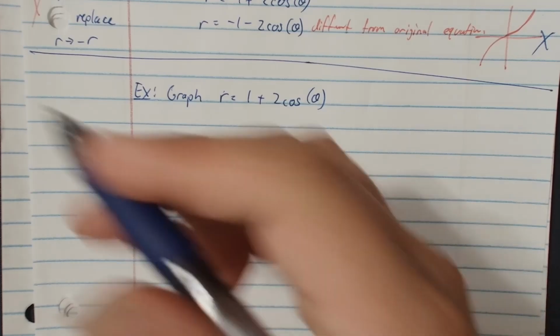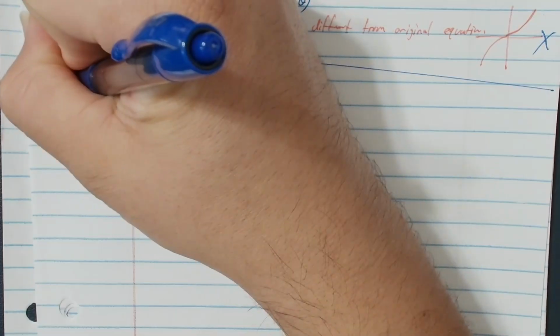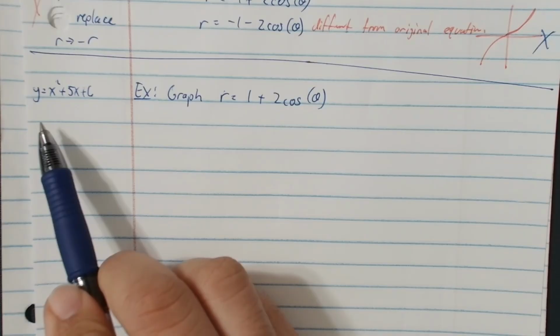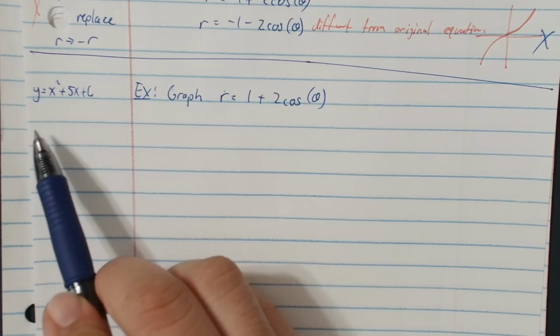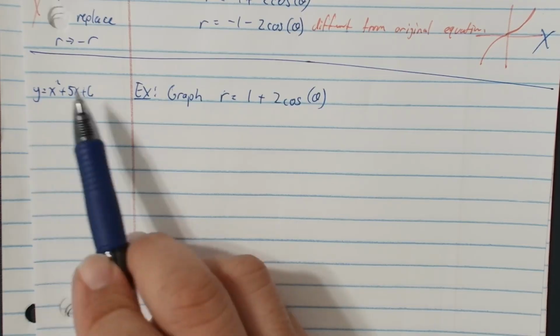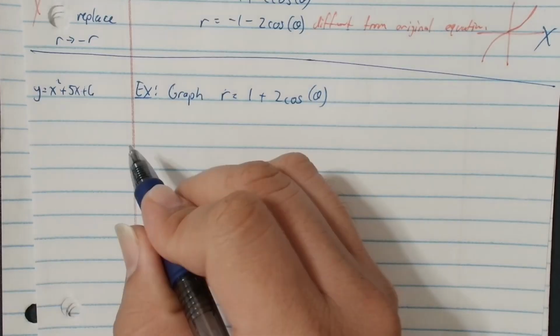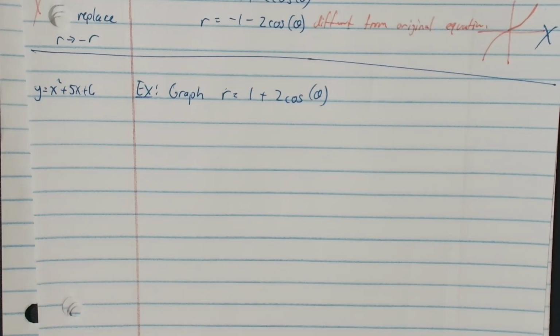In algebra, if you were graphing something like y equals x squared plus 5x plus 6, one way to graph this is simple. It's just kind of long. You could plug in x equals 0, 1, 2, 3, 4, 5. Plug in about a dozen points, connect the dots, and you'll form your graph. It's a parabola. It's simple. You just have to plug in numbers, but it's kind of long.